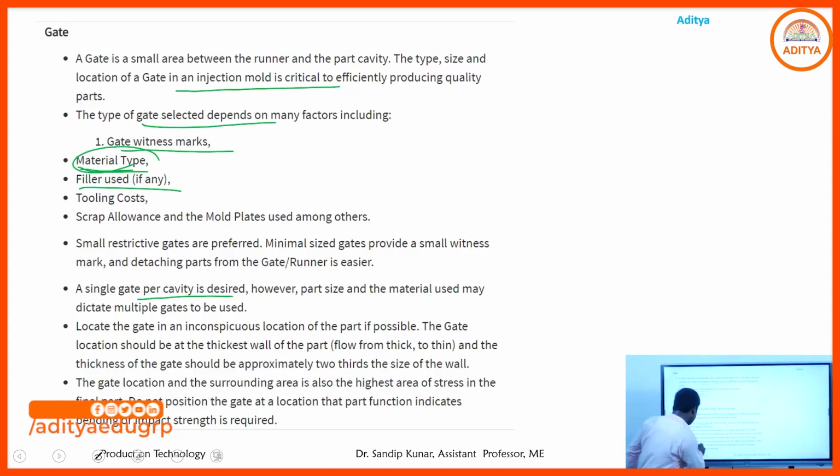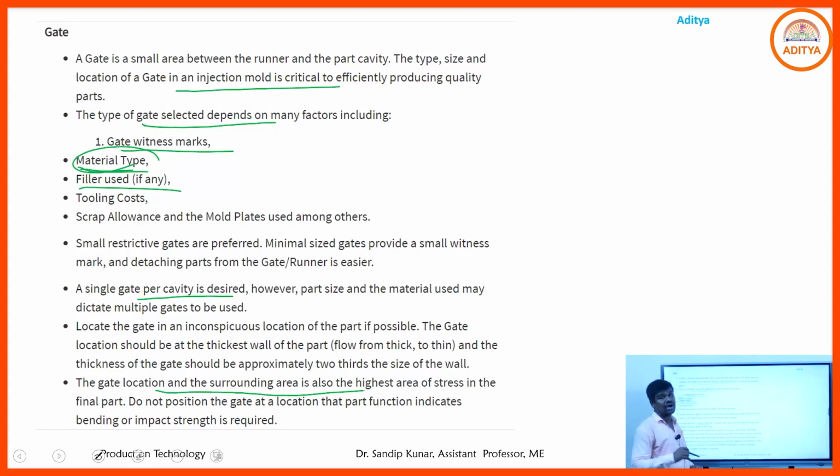The gate location and the surrounding area also have the highest stress in the final part, and the position due to gate function indicates bending or impact strain is required. So those are some factors which affect the gate system.